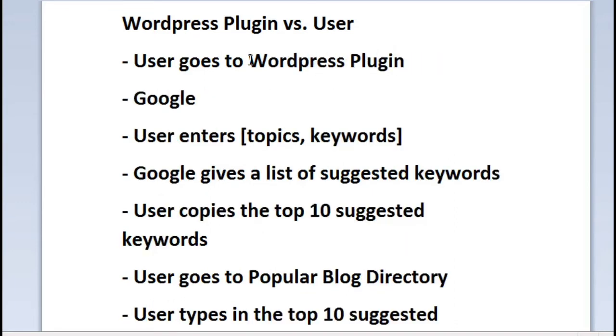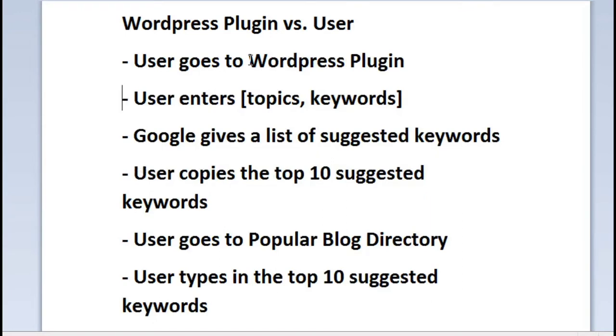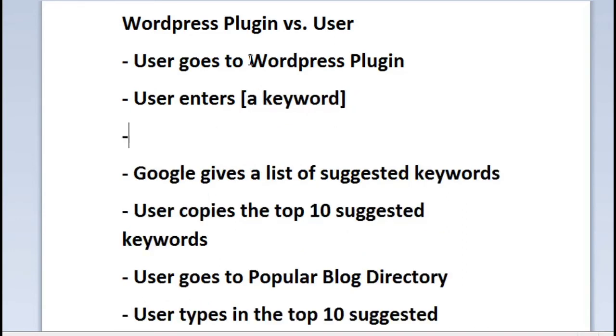And then the user enters maybe a keyword. All right. Now, obviously, they're still going to have to go to Google, right? But the user's not going to go to Google or any outside sites. That's the WordPress plugin's job, right? So the WordPress plugin, we're just going to call it plugin.